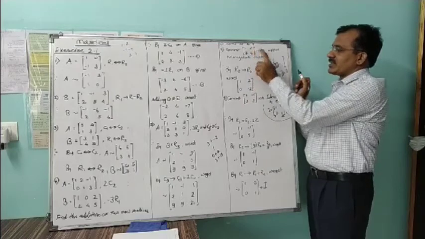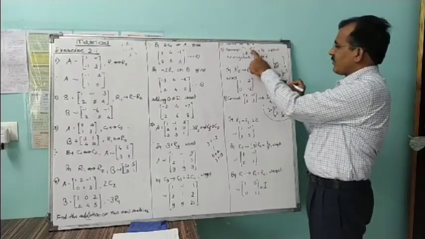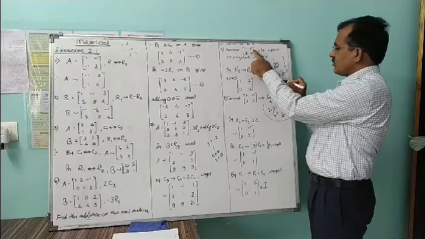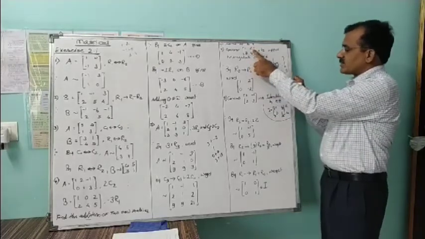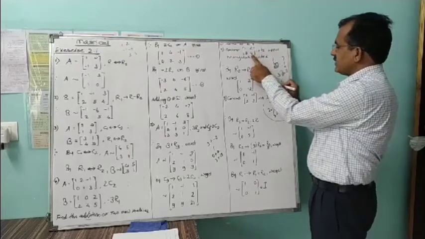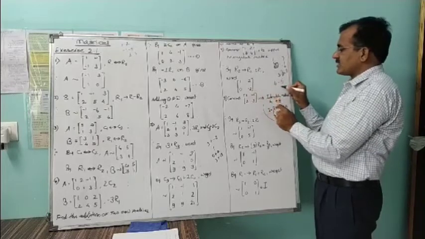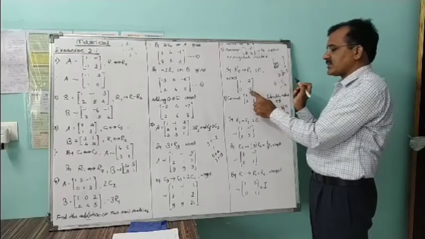Similarly, on the second pair, same operation. Multiply the second element of the first row by 3, so this will be 6, and subtract it from the corresponding element of row number second. So this will be 4 minus 6, and 4 minus 6 will give us minus 2 as the answer.